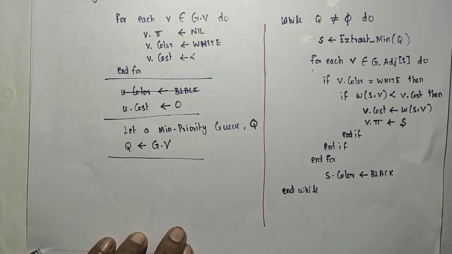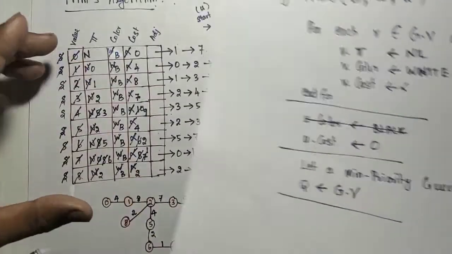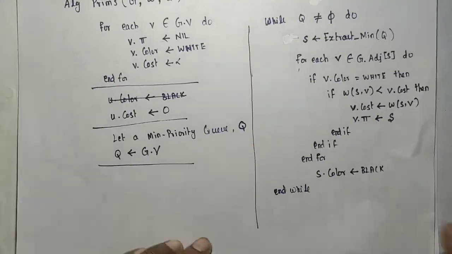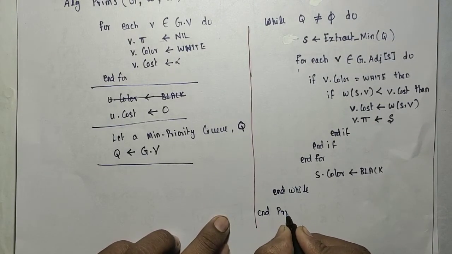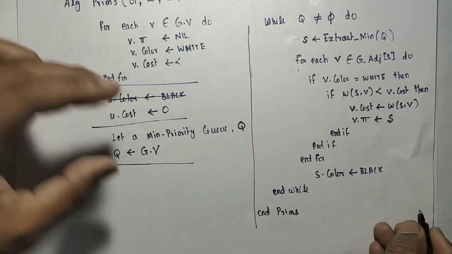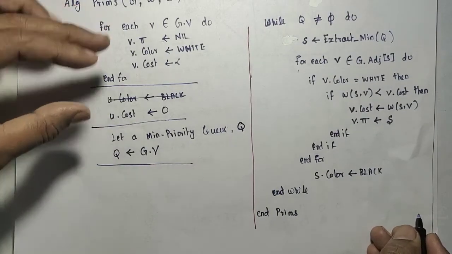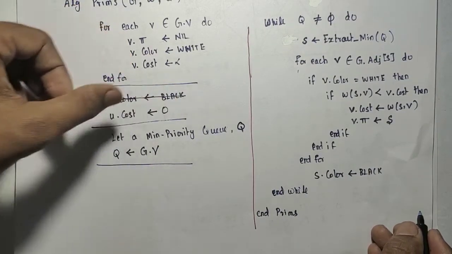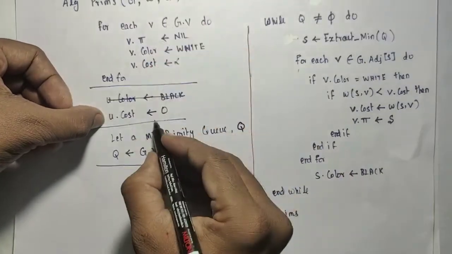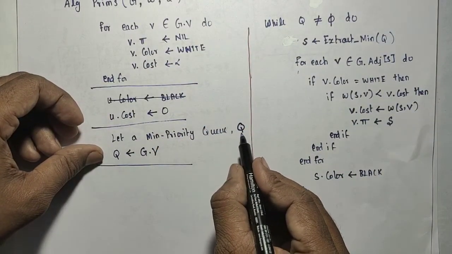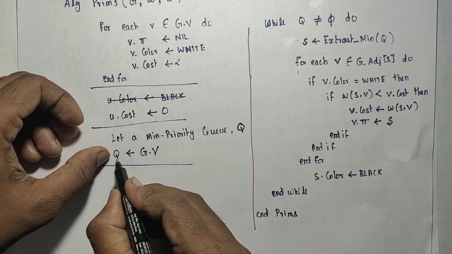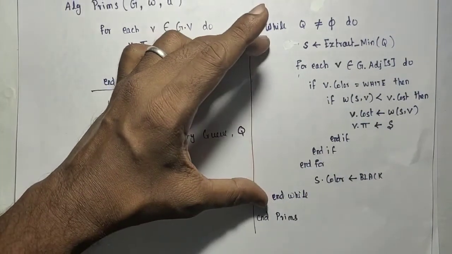This is a very simple algorithm. If you know that procedure, the algorithm can be written easily. So, Prim's. Step 1, fill all the vertices. Step 2, only the cost of the starting vertex has to be assigned 0. Then we take a min priority queue and add all the vertices to the queue, and this is the iteration.